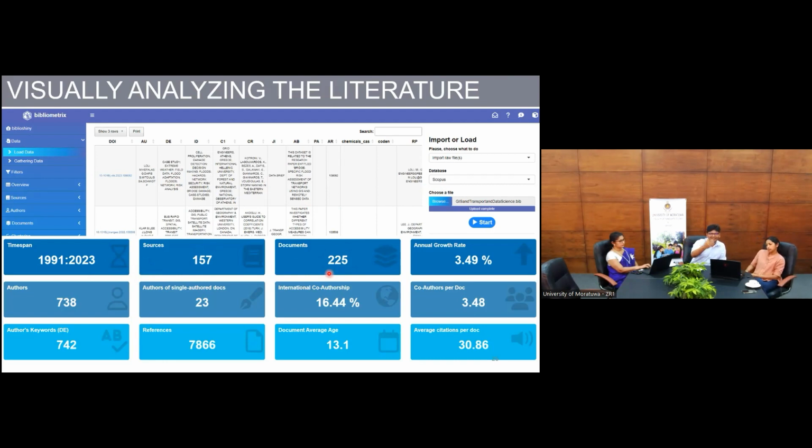Then you can see the annual growth rate. I did a little variation: I took this data set from Web of Science, where I selected the most cited 225 articles so that I could give a nice visualization, but I got around 3,000 some articles there. The annual growth rate gives you an idea whether a particular domain is producing.